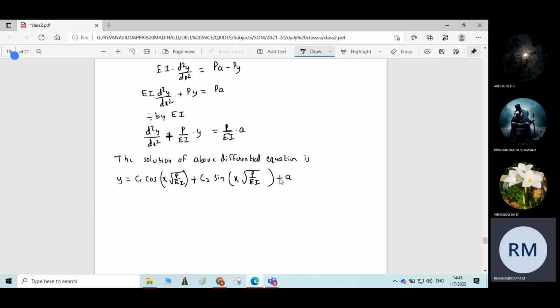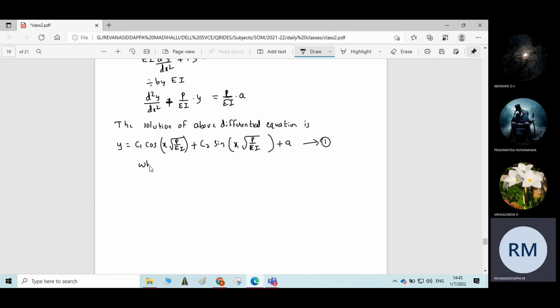That is the difference. Call this equation number 1. Whatever multiplication constant you get for this P by EI term, you need to write here along with the normal equation. I hope this is clear for you all.